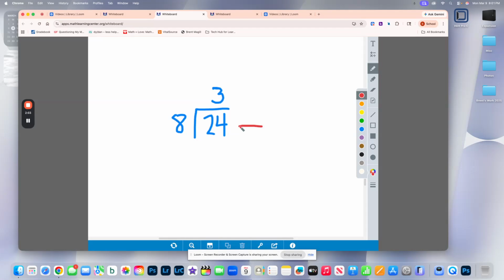If you're one of those people that likes to take notes, you can draw this diagram with me. This 24 is the dividend. This number here is called the quotient. This is the answer to a division problem.